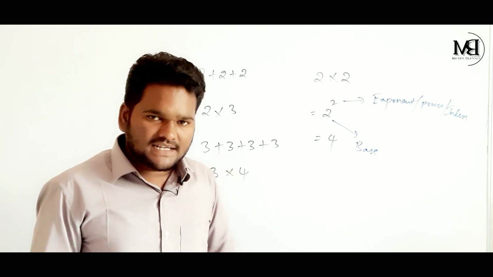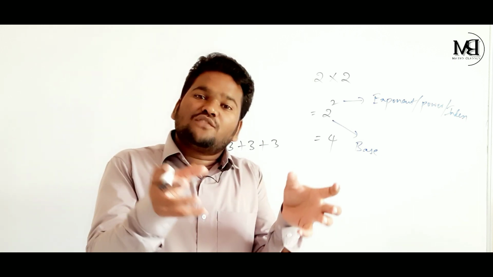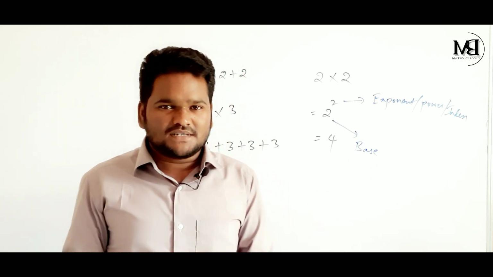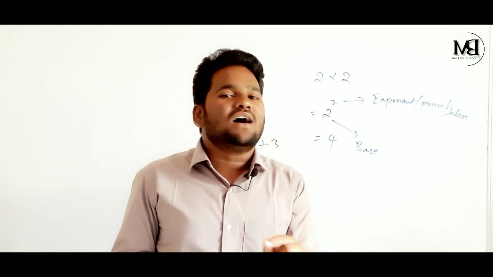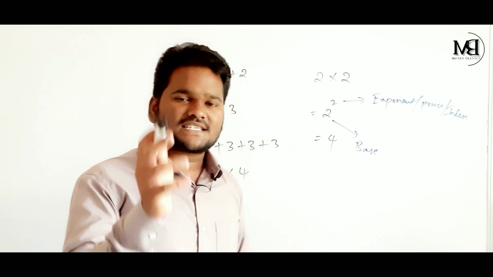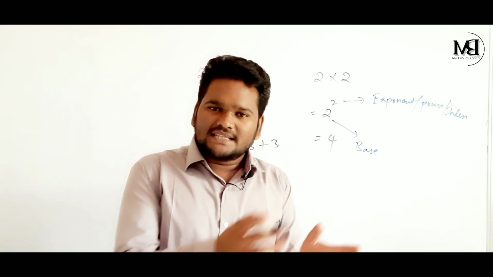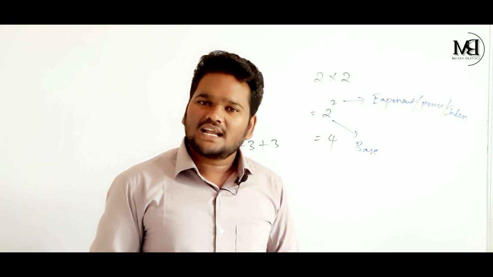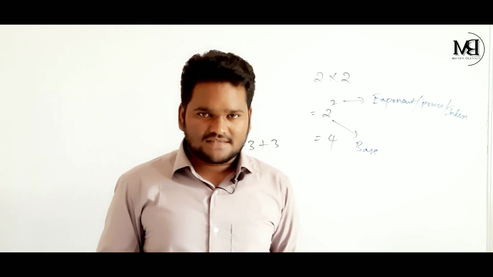Actually, there is a reason. Multiplication of two equal numbers represents the area of a 2D shape, that is a square. As we know, the area of a square is side into side, where all sides are equal. That is the reason.